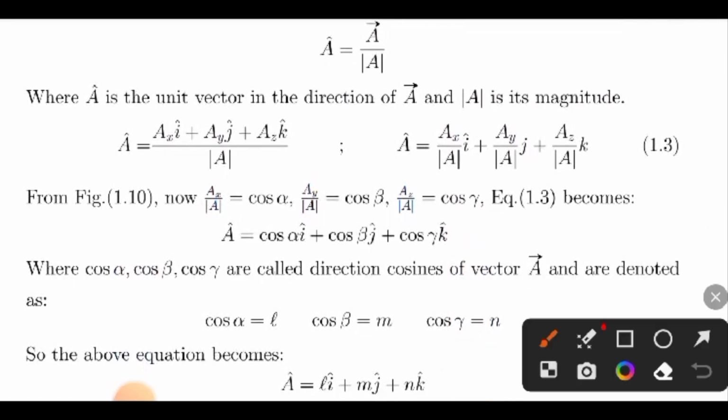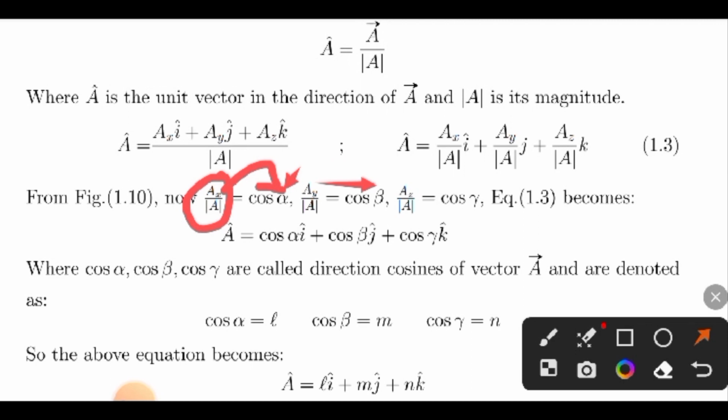Now we can replace Ax divided by A with the factor cos alpha, similarly Ay over A as cos beta, and Az divided by A as cos gamma.